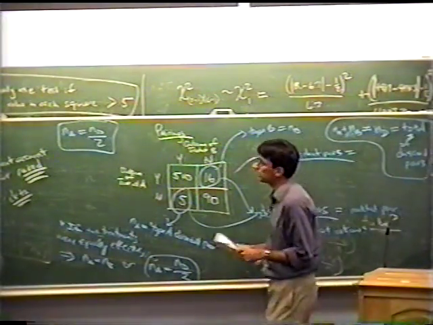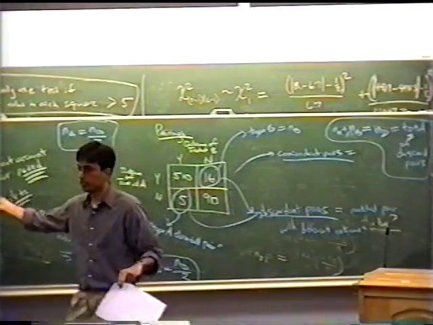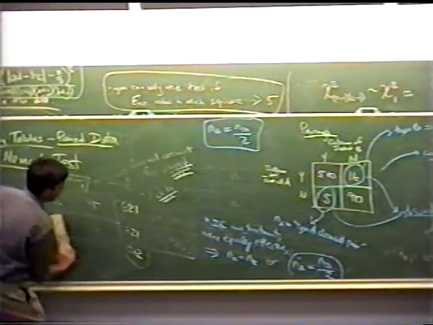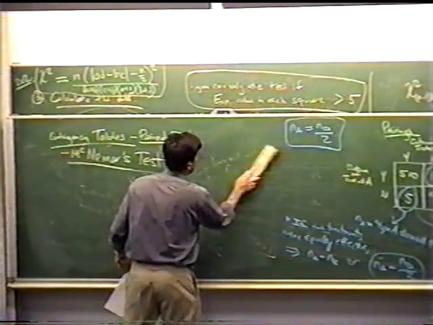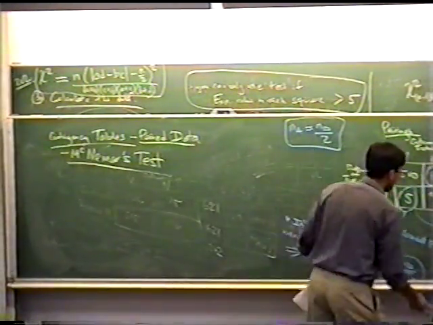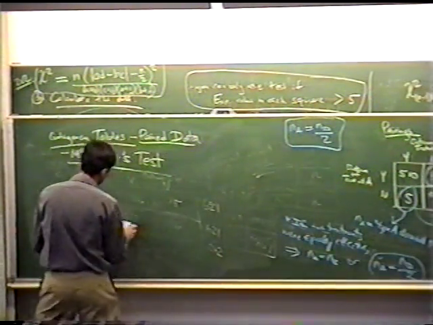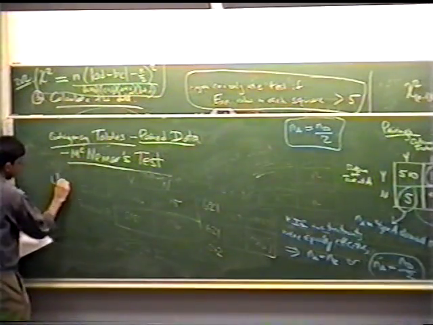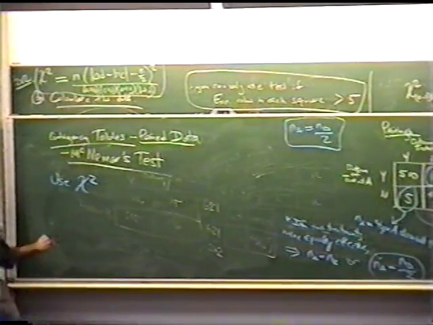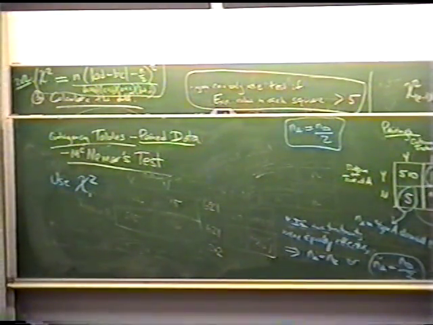Well, we use a chi-square test. Again, we use a chi-square test, and this is a 2x2 table. So the number of degrees of freedom is just 1 for the chi-square test.